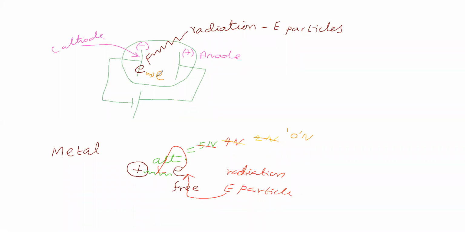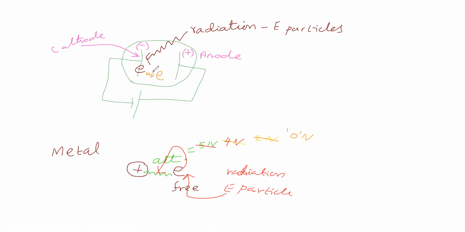It is moving continuously in the sense, will it move randomly, or in a straight line, or in a particular direction, towards the anode or towards the cathode? So the electrons that came out from the cathode will move in what way?